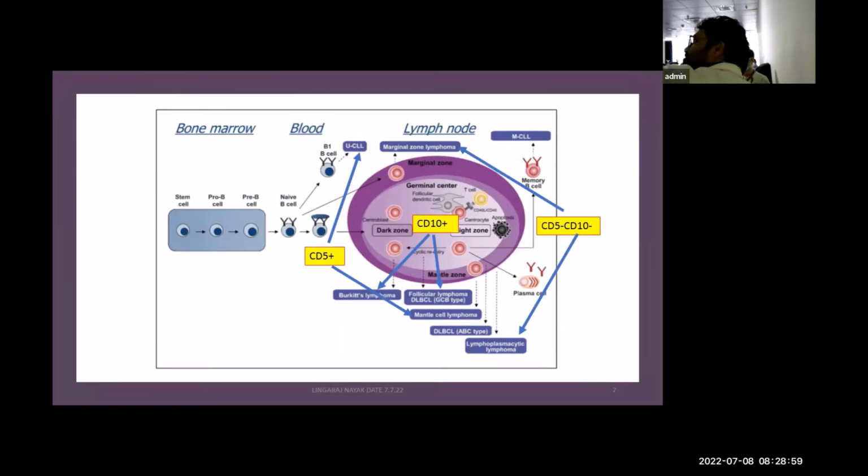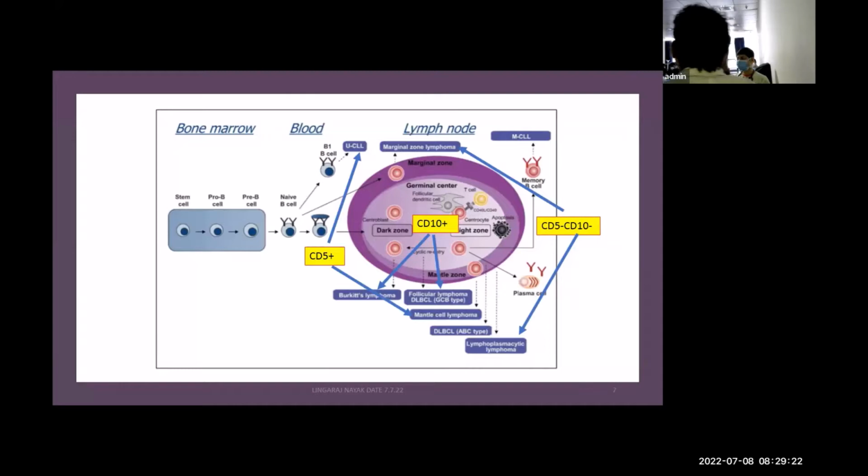If you see the dark zone, there is somatic hypermutation. What happens is that the cells start proliferating enormously in the dark zone, right? So the dark zone is a zone where there's a lot of activity, a lot of proliferation, a lot of apoptosis. When there is proliferation, there will be some mutations in each immunoglobulin receptor gene.